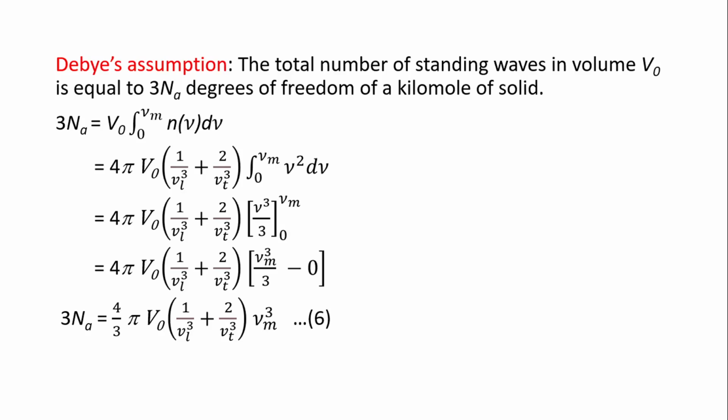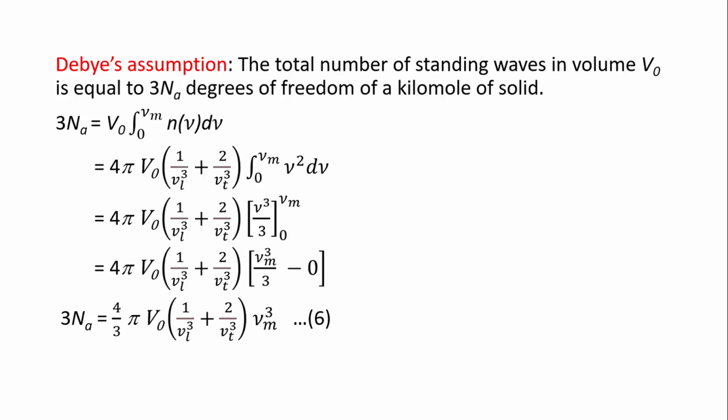Then Debye used one assumption that is famous by his name, Debye's assumption. According to Debye's assumption, the total number of standing waves in volume V0 is equal to the total degrees of freedom in a kilomole of solid.